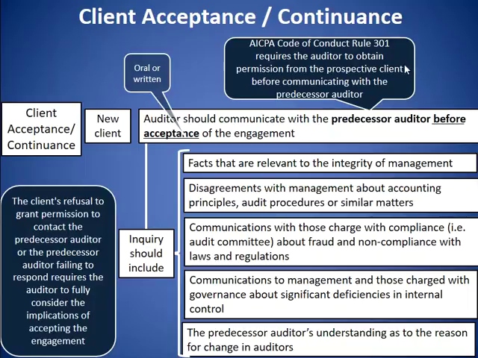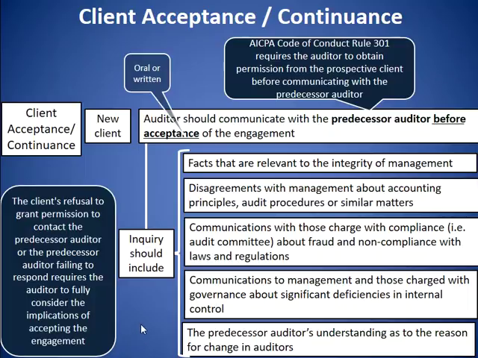In other words, the predecessor auditor is under no obligation to speak to the new auditor. As a matter of fact, by the rule of confidentiality, the predecessor auditor can't share any information without the permission of the client, the old client.